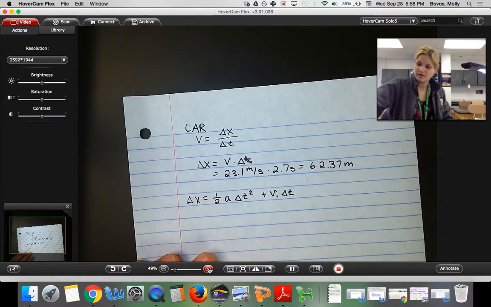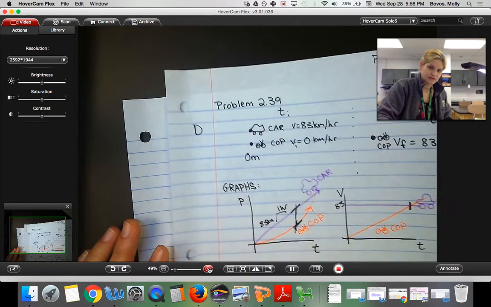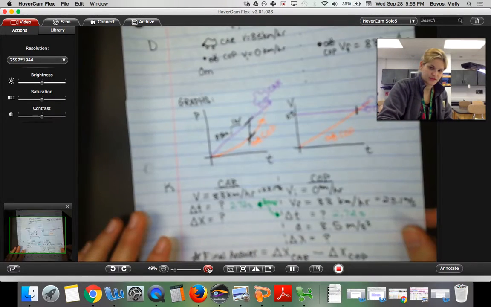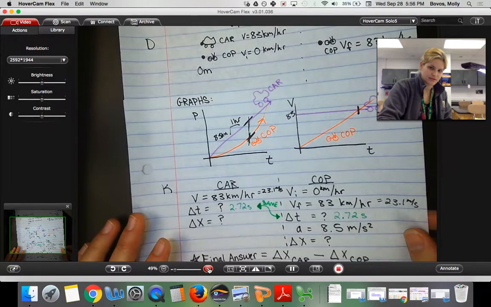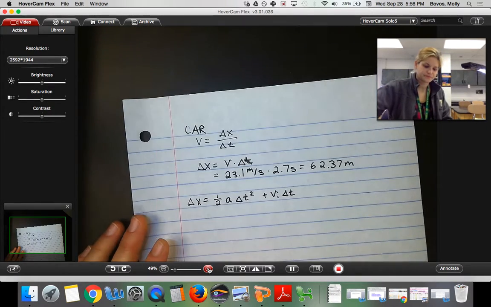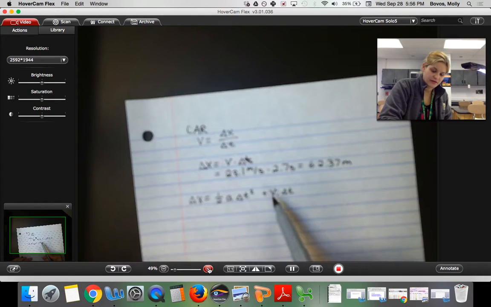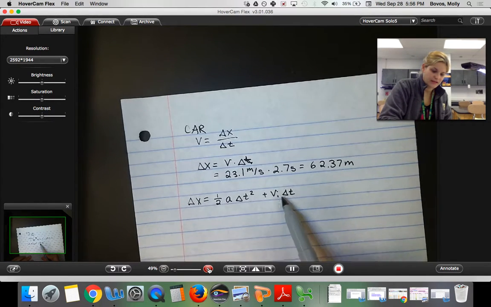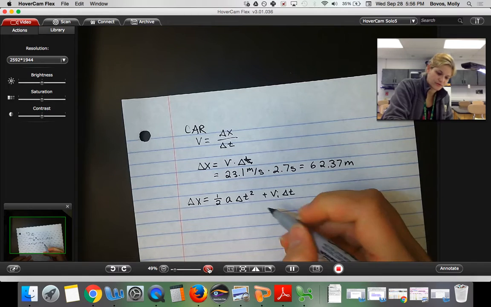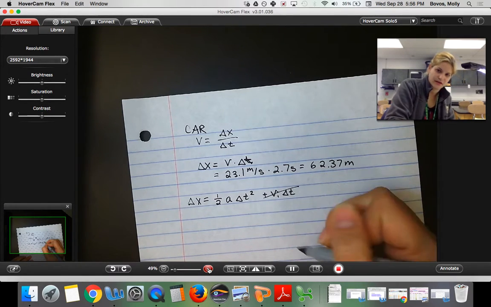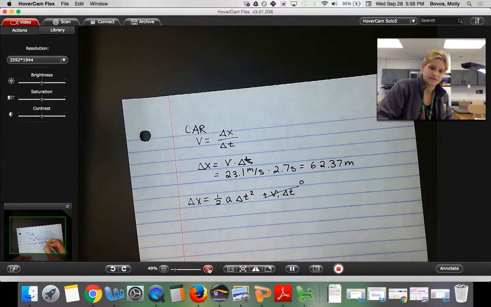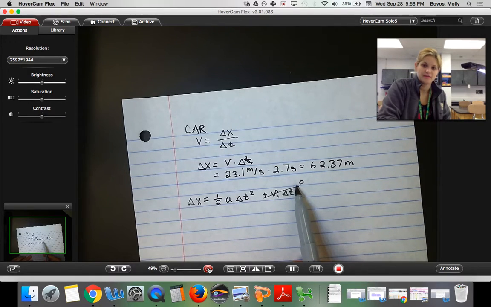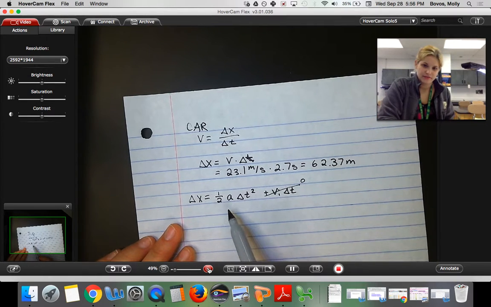Remember, according to this, the cop's initial velocity was 0. So here, if this is 0, anything times 0 is going to be 0. So I'm just going to stick a line through that already. And I like to write a little 0 there to remind myself. I cross this out because this is going to be 0. And now I can plug in the rest of the information I know.